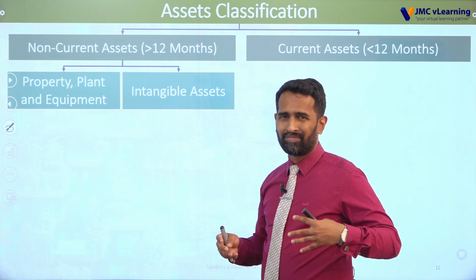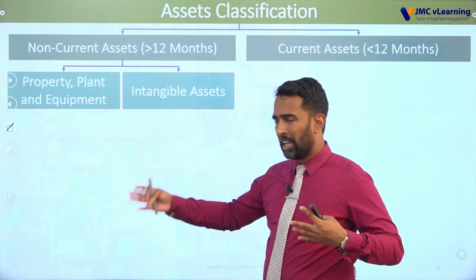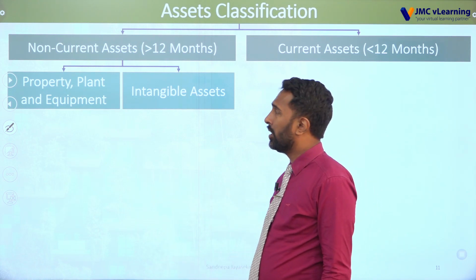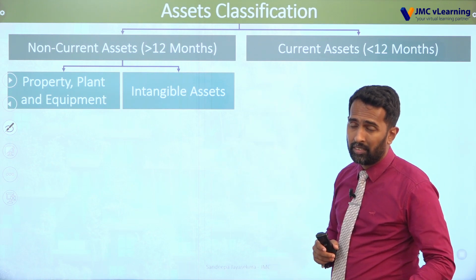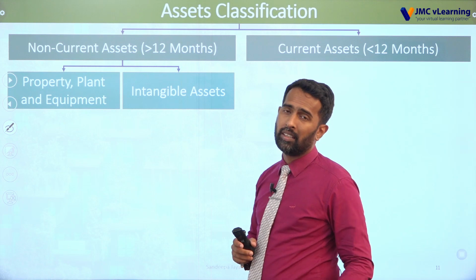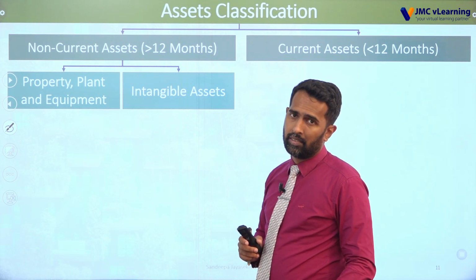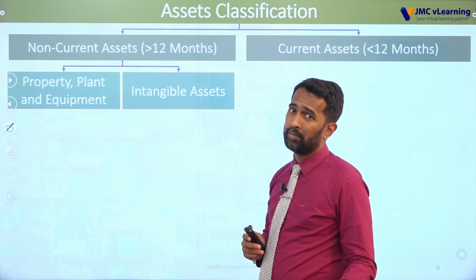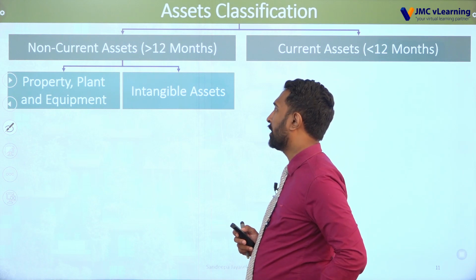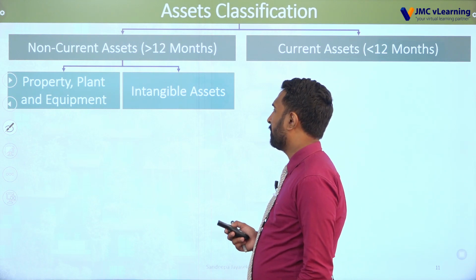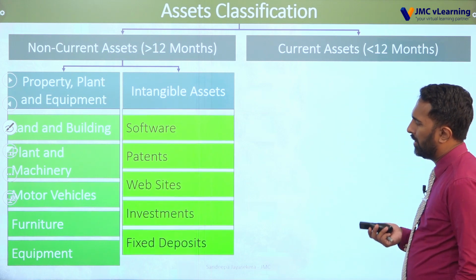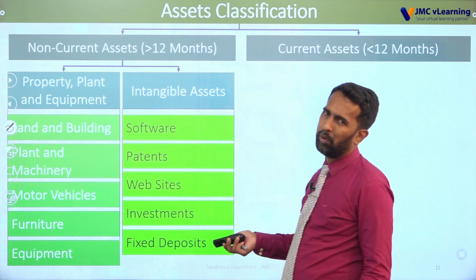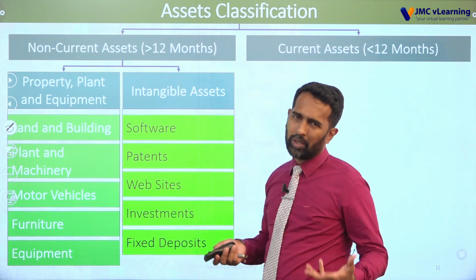And maybe the equipment you can see and touch. And there are intangible assets such as software, websites, right? The patent rights can be there, the license can be there, right? The quotas can be there, right? So there can be certain intangible assets as well, right? So the land, building, like that, software, patents, even the investments and the fixed deposits, you cannot see, you cannot touch.